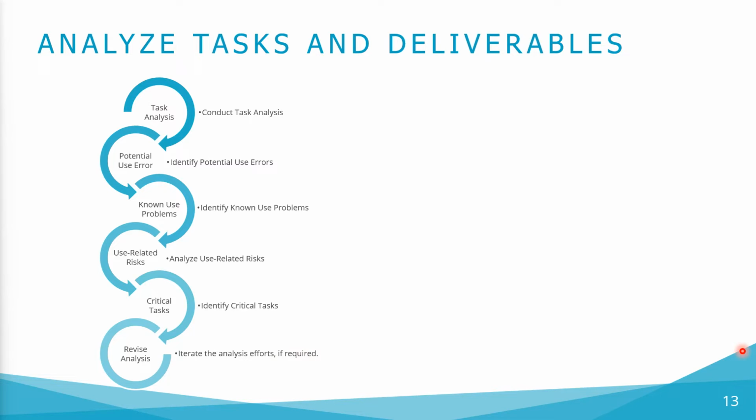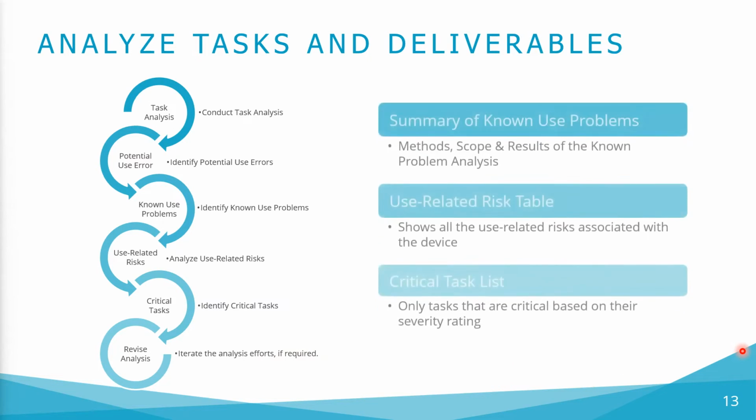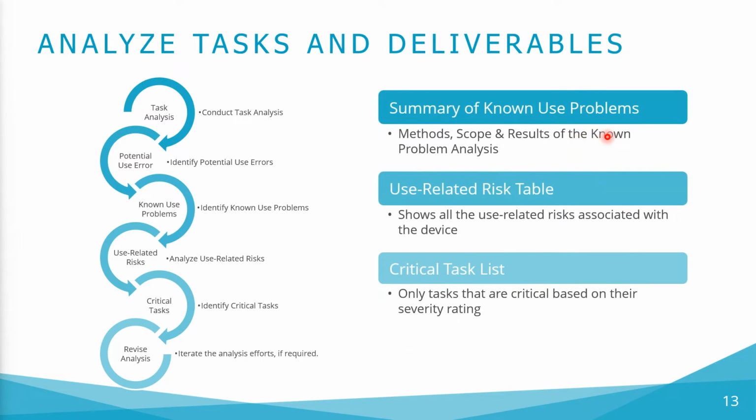The outputs of the analyze step are: a summary of known use problems. This summary describes the method, scope, and results of the known problem analysis. It includes a table of the identified known problems and presents evidence, for example, design mitigations, that the design addresses each known problem.